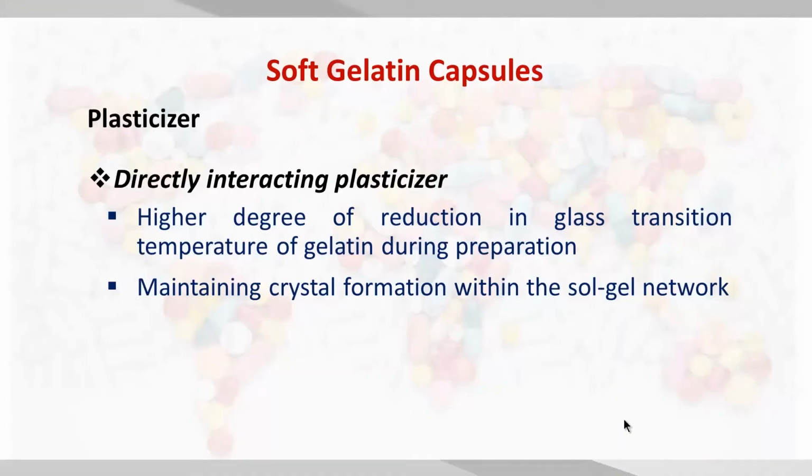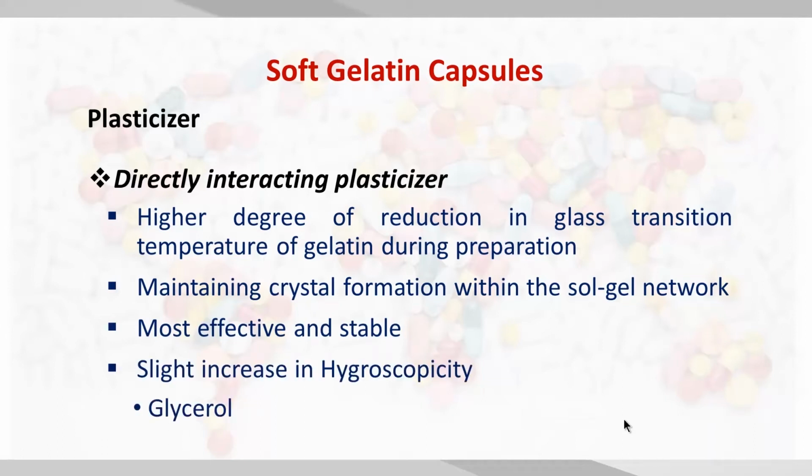Second, it also maintains the crystal formation within the sol gel network of gelatin. The directly interacting plasticizers are most effective and stable ones. Again, a slight increase in hygroscopicity can be seen after using the directly interacting plasticizer. Glycerol is a good example.